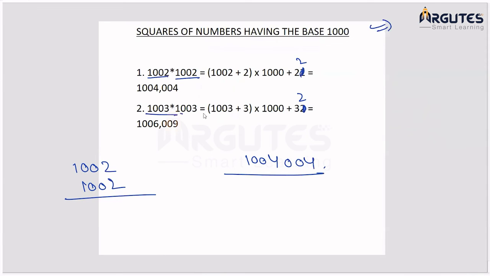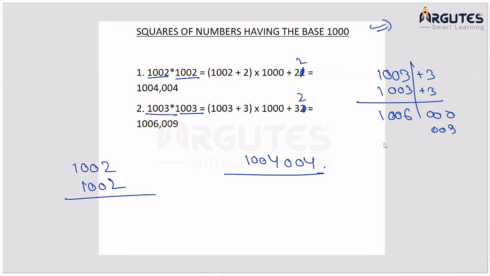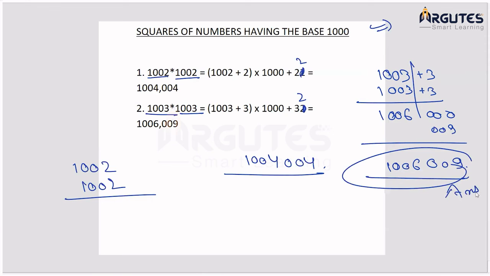Now 1003 into 1003, again apply the same concept. It's 3 more than 1000 and it's 3 more than 1000. Just do the diagonal part, it will be 1006000. Now add 9, so it will be 009. So 1006009 over here. This will be your answer.